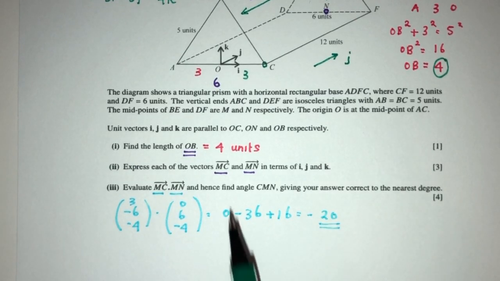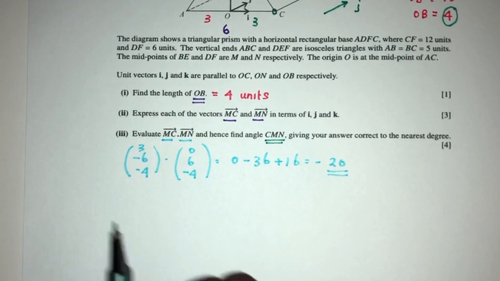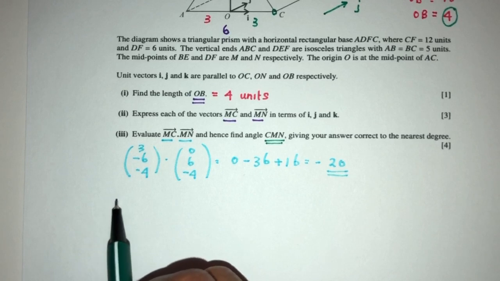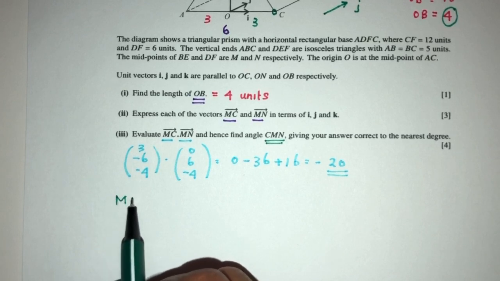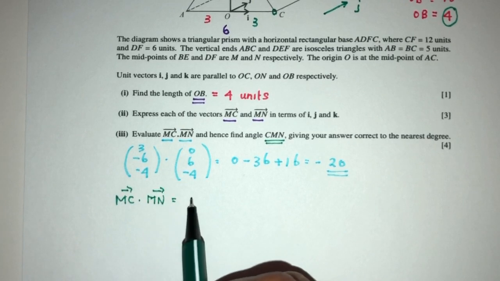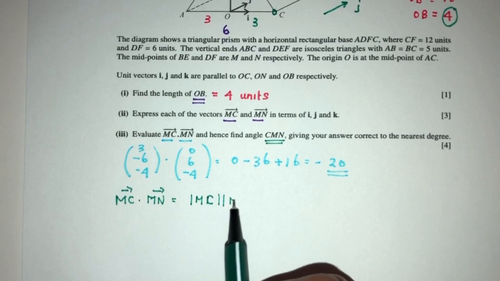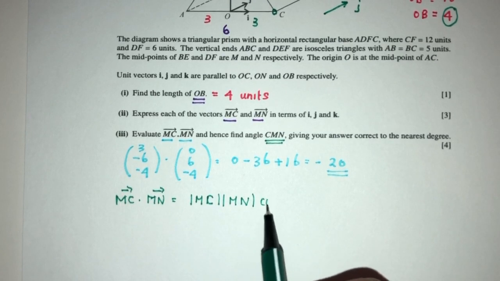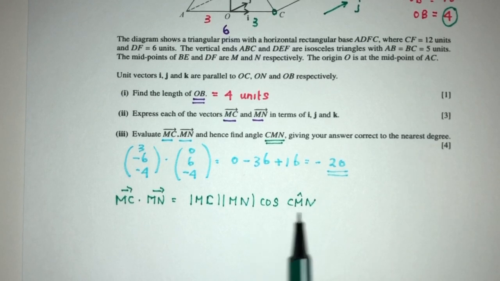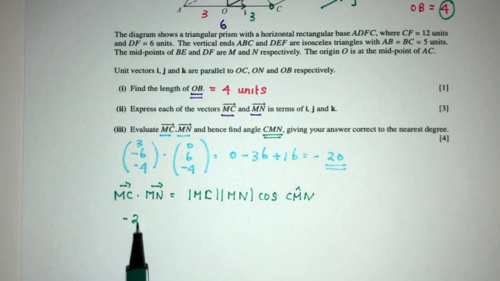Now, using this, hence, we have to find the angle CMN. We know that the angle we need to find can be found by using this formula, which is the dot product of the two vectors is equal to the magnitude of MC times the magnitude of MN, and then cos of the angle in between. So we have to find the angle right here. One by one, the dot product we have found, it was minus 20.